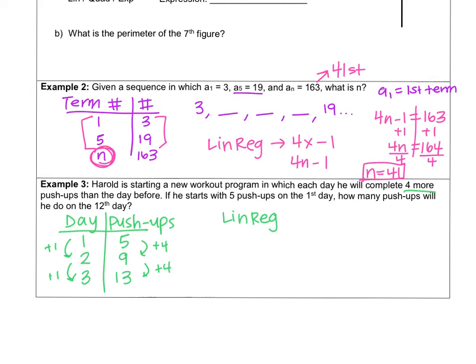So if you only want to type in the first 2, you can, or you can type in all 3. And we're going to do stat calculate, linear regression. And the rule that I got was 4x plus 1.